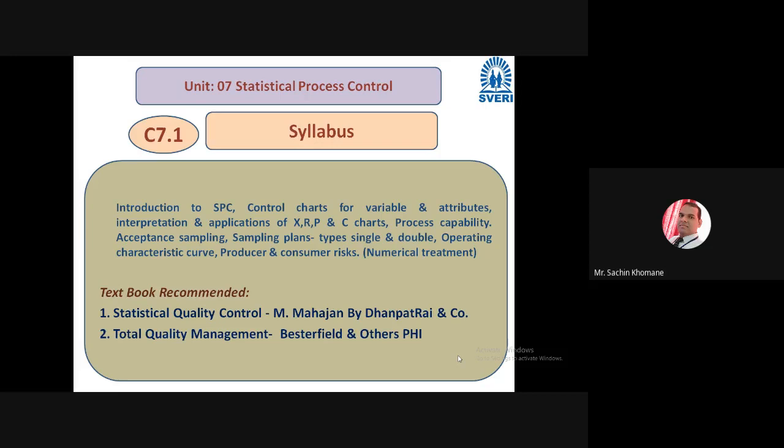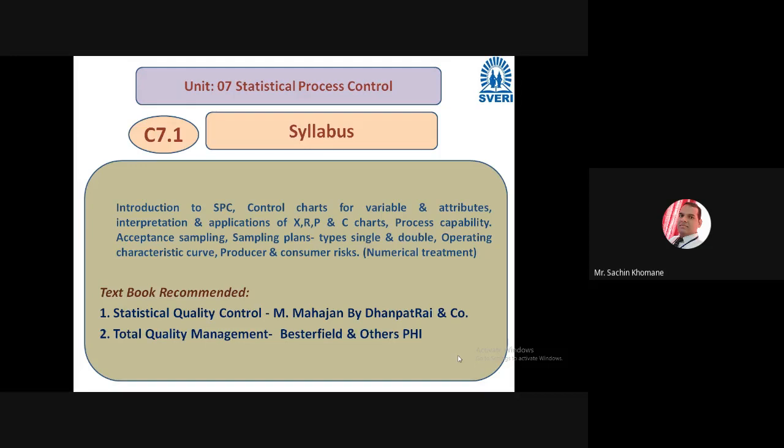Then producer and consumer risk. Both people are at risk, right? Producer is also at risk most of the time, as he may think, can I produce a quality product, and he has to take trials and errors, and understand the risk there.